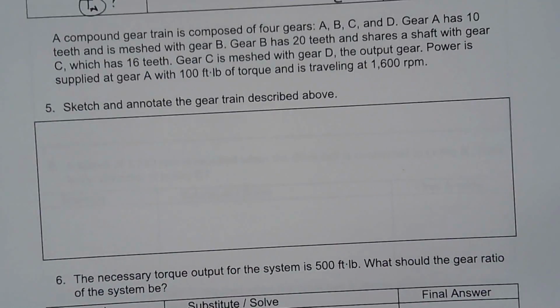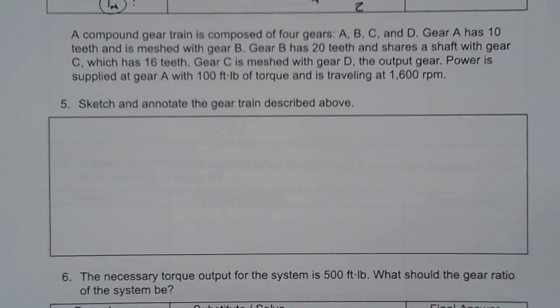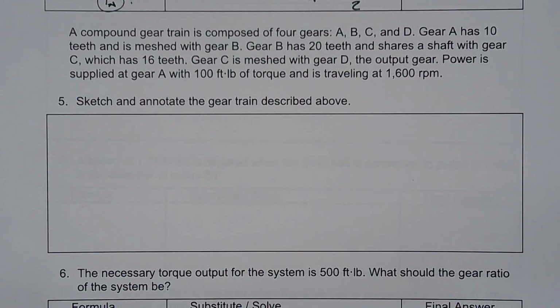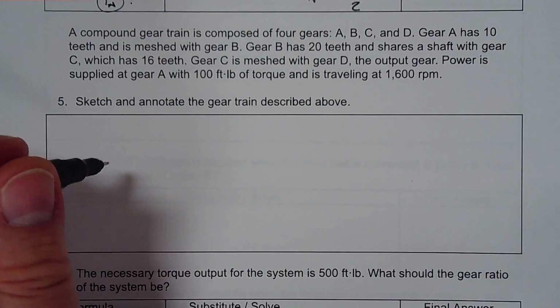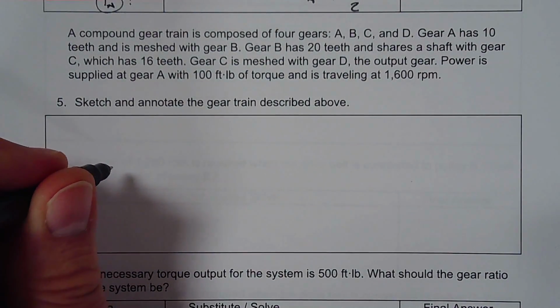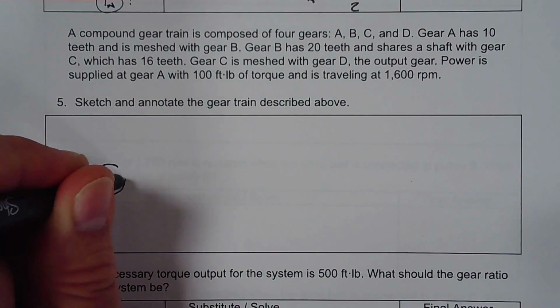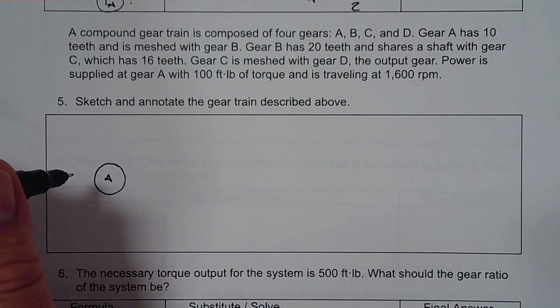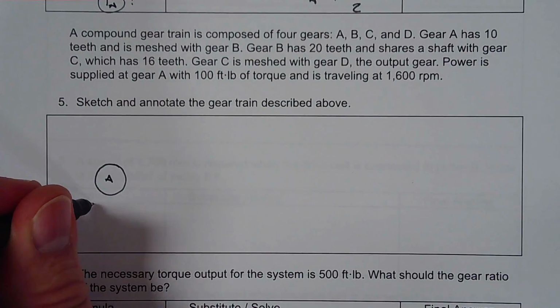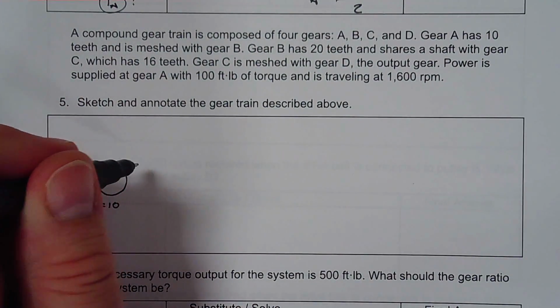All right, moving on. A compound gear train is composed of 4 gears, A, B, C, and D. Gear A has 10 teeth and is meshed with gear B. Gear B has 20 teeth, so A is about half the size of B. Here is my gear A, and we know it has 10 teeth, so N is equal to 10.